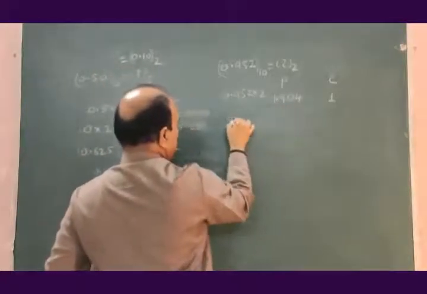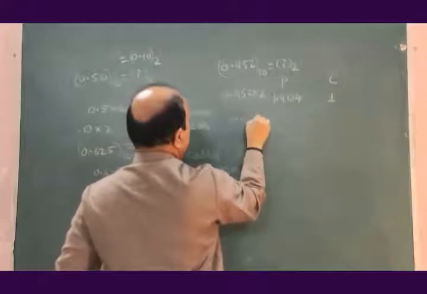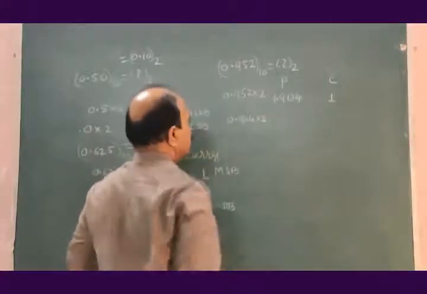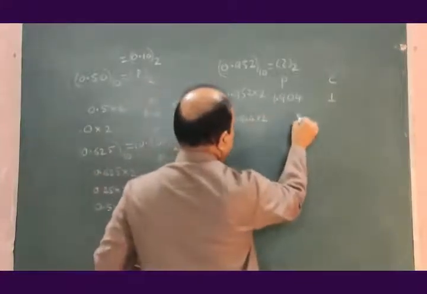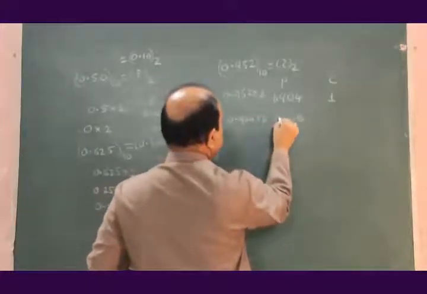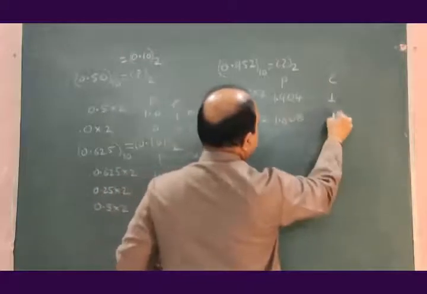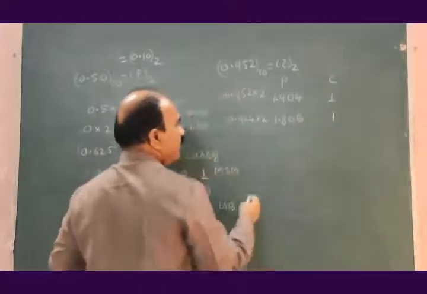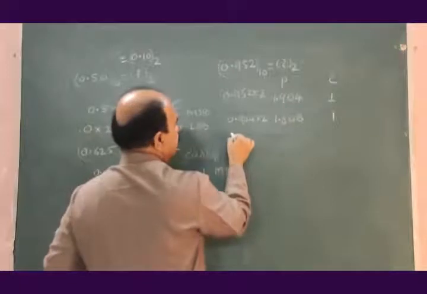Fractional part 0.904 into 2. 2 4s are 8, 2 0s are 0, 2 9s are 18, carry is 1, remainder 8, 0.808.